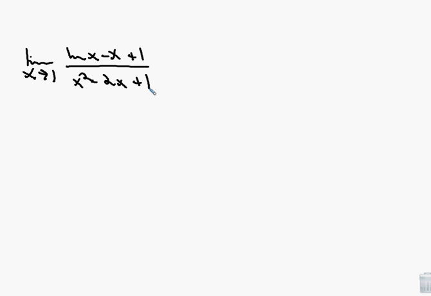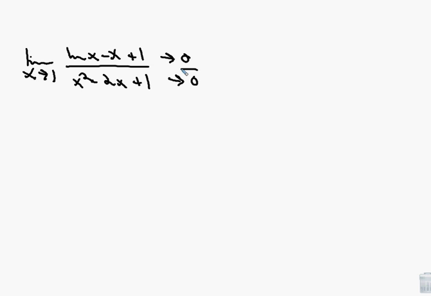Okay, now let's take the limit as x approaches 1. Ln of 1 is 0. Minus 1 is negative 1 plus 1 is 0. Okay? X squared is, 1 squared is 1. Minus 2 is negative 1 plus 1 is, again, 0. So this thing just automatically right away fits L'Hopital's rule.